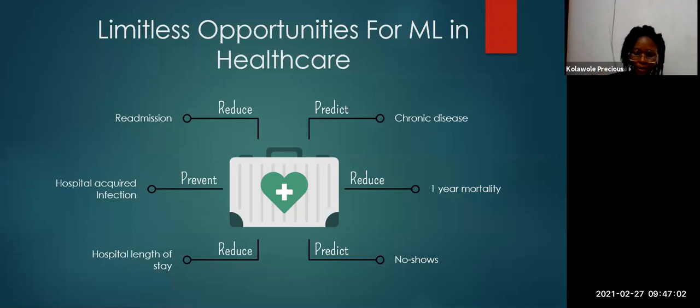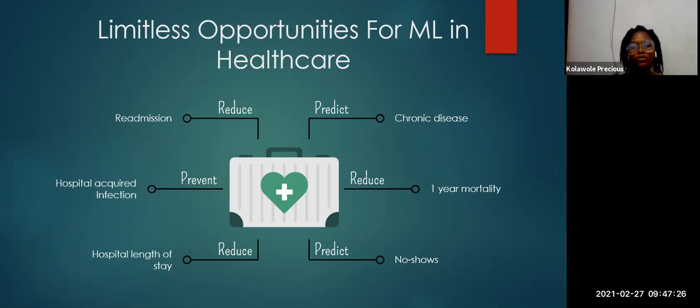Also, machine learning has impacted this area by detecting patients with decentralized infection. After detecting such patients, they can be catered for separately from the rest of the patients. And then it can predict how much this infection is going to affect the patient.